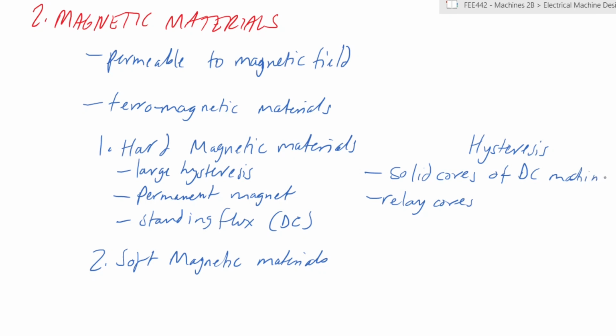These are applications where you want your magnetic field to be set up and it does not need to change. That's what we are calling the standing flux. It retains that flux within for a given period of time. And the materials that are used in this case are cast iron or forged steel. They have high permeability and high mechanical strength.